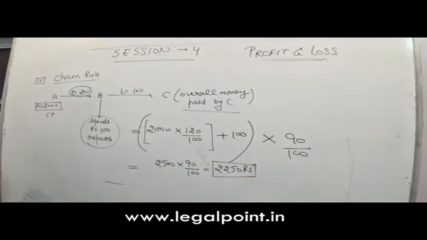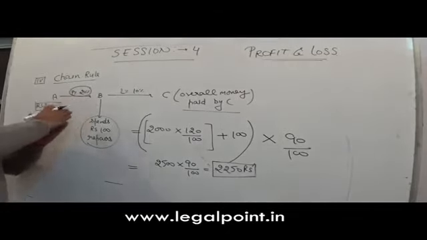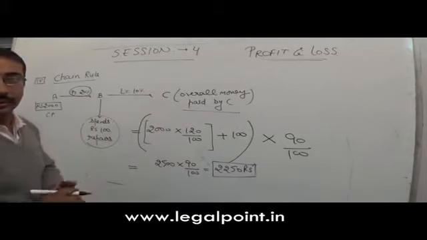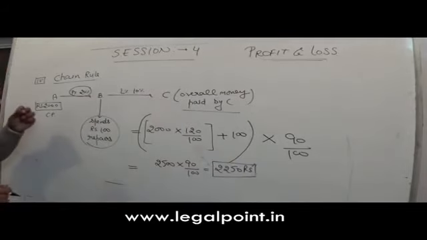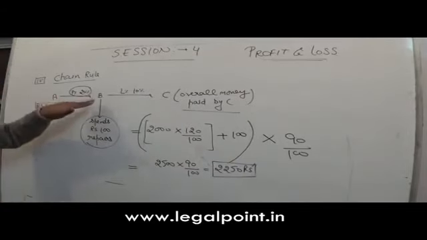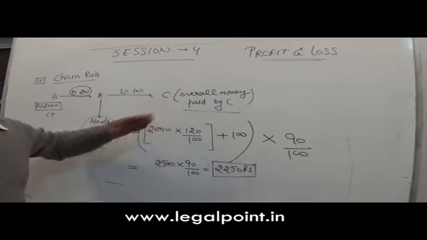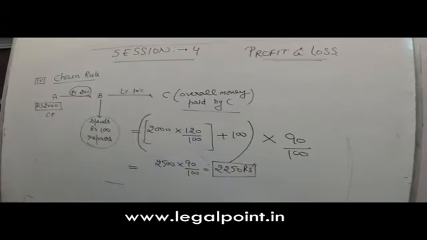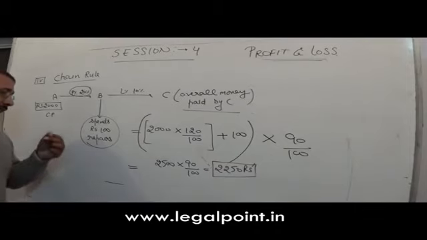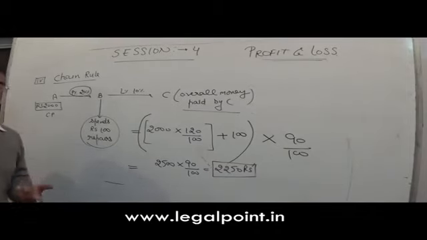What does the chain rule mean? Chain rule simply means in a chain A sells to B, B sells to C, C sells to D. So we just take SP of A as CP of B, SP of B as CP of C, and if a person spends something in between as repairs or any expense, that simply increases the cost of the person.